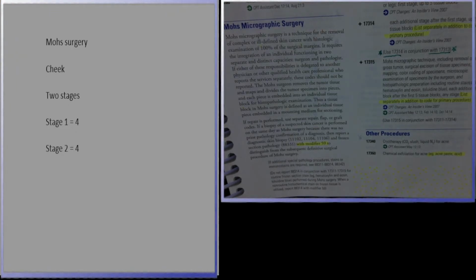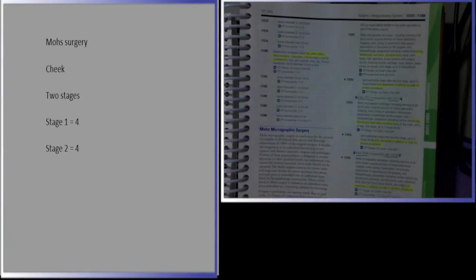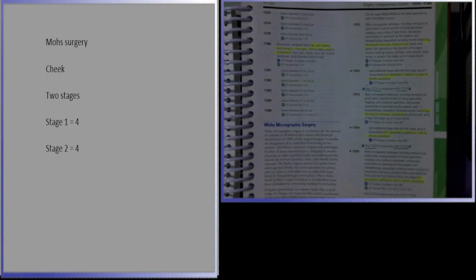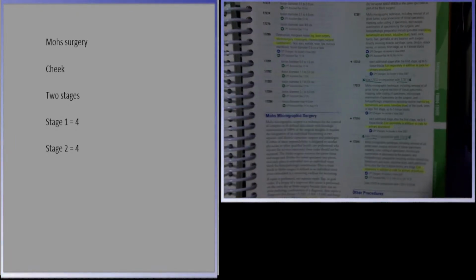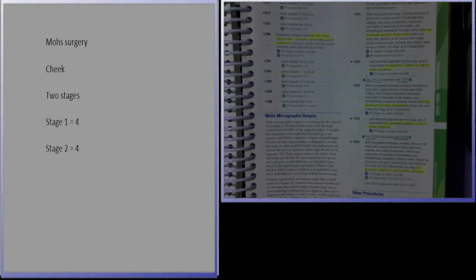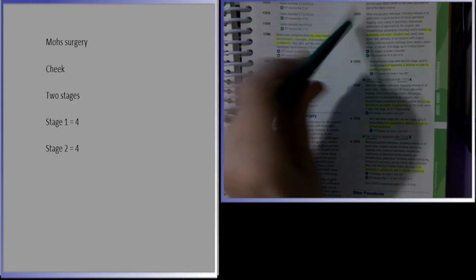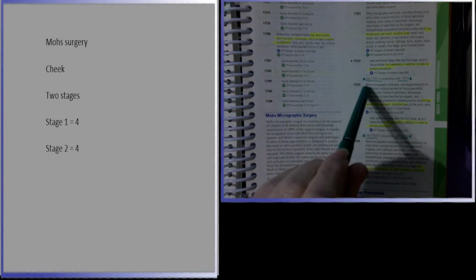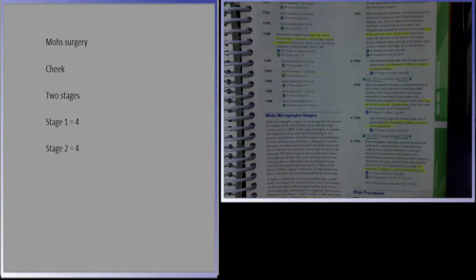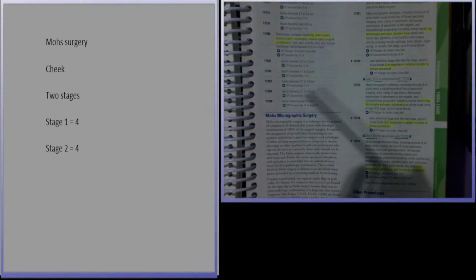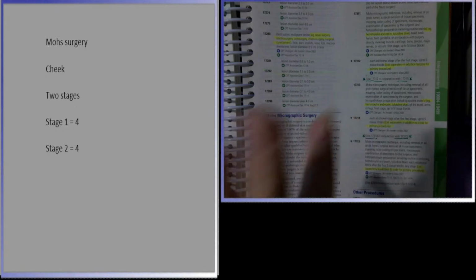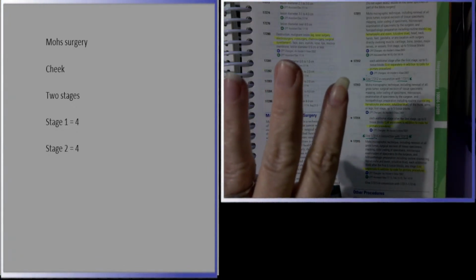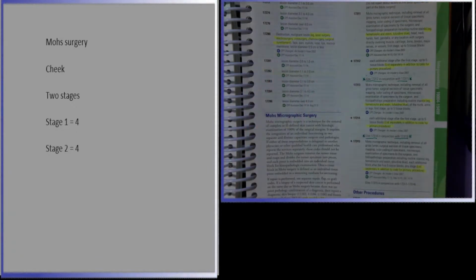So we are in Mohs, however you want to say this. I think it's Mohs. The first thing you need to know about these is what body part. Body part will take care of knowing whether you are 11 or 13, because your Mohs are coded in 3 different areas, 3 different subsections, or whatever you want to call it.